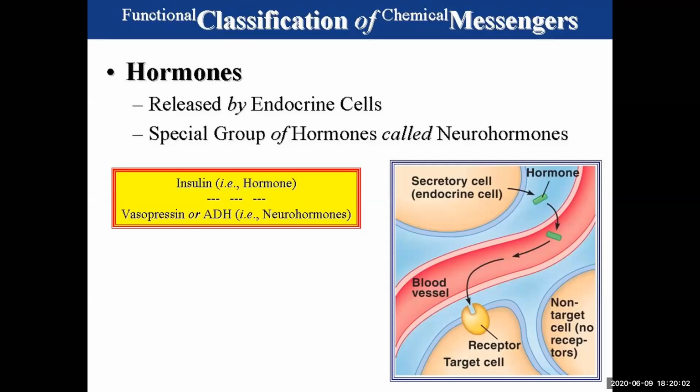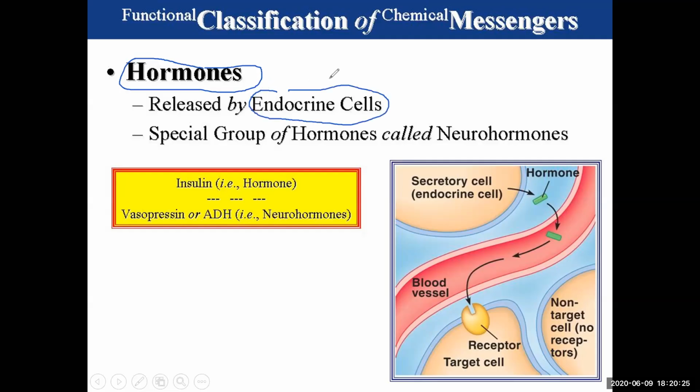Hormones are chemical messengers used by the endocrine system, and hormones are for long distance communication. When we talk about hormones, we're talking about chemical messengers released by cells of the endocrine system that we call endocrine cells.